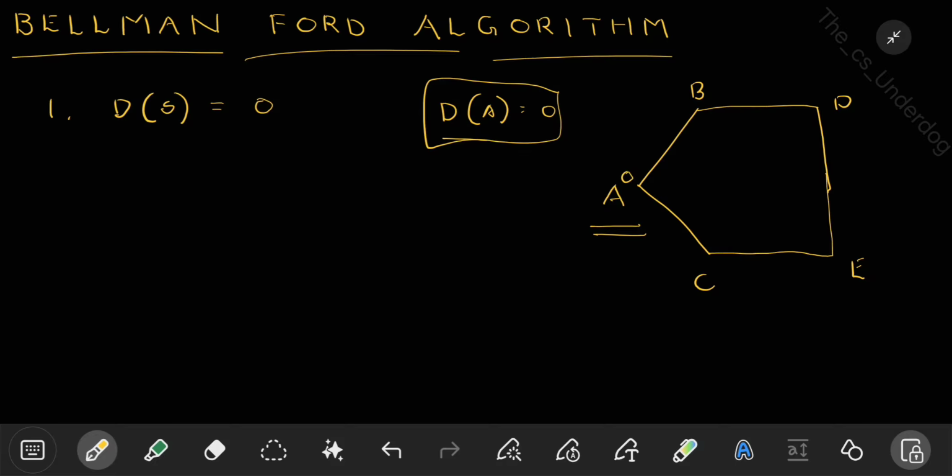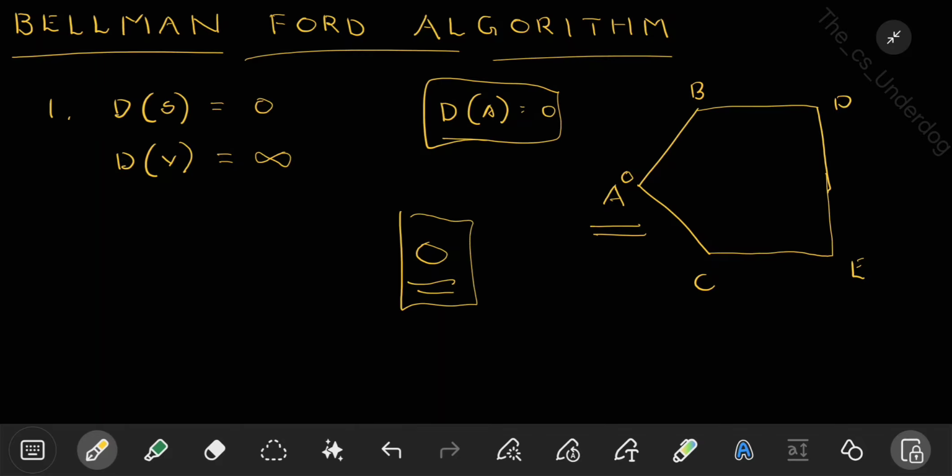What is my next step? Distance to all other vertices, they should be made as infinity. So distance to all other vertices, they should be infinity. Why is it infinity? Because at this point, I did 0 relaxations. When I did 0 relaxations, that means at this point of time, I am having 0 edges in my shortest path.